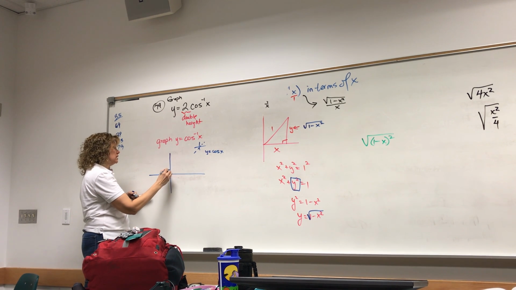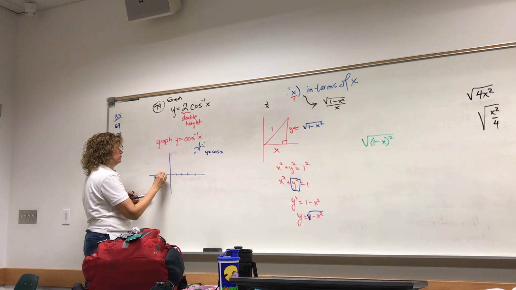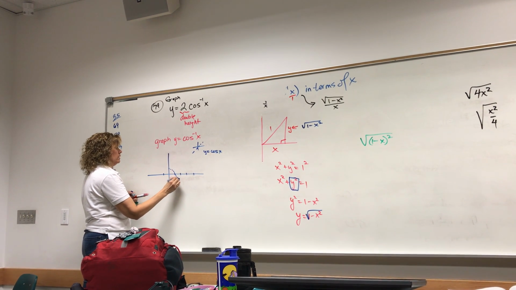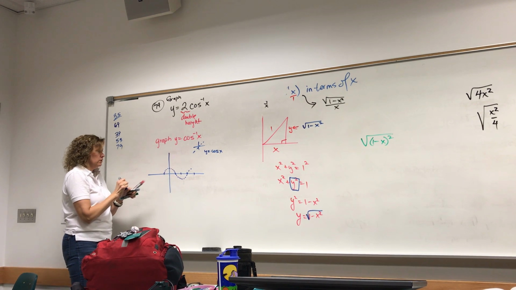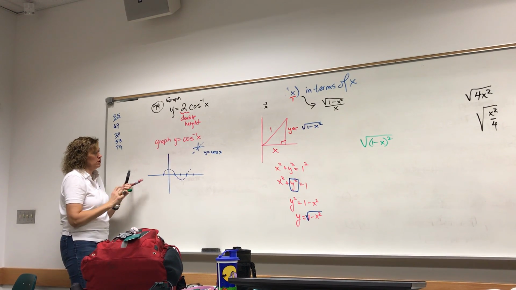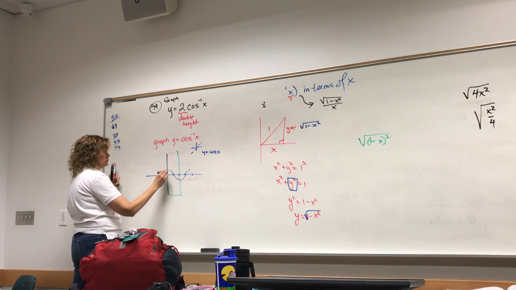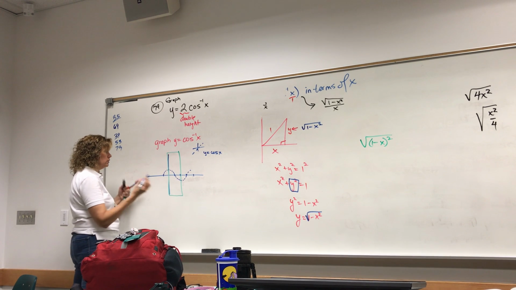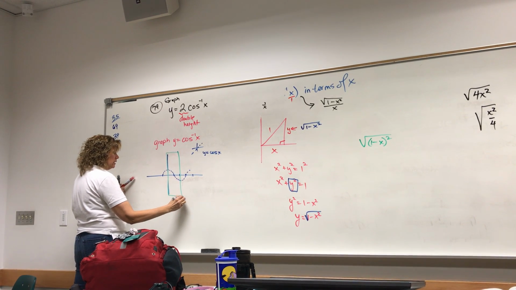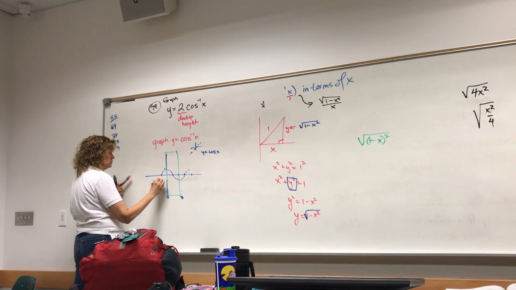So cosine does this. We restrict the domain to make it 1 to 1 in this window from 0 to pi. So this is pi, this is 0, this is going up to 1 and down to -1.